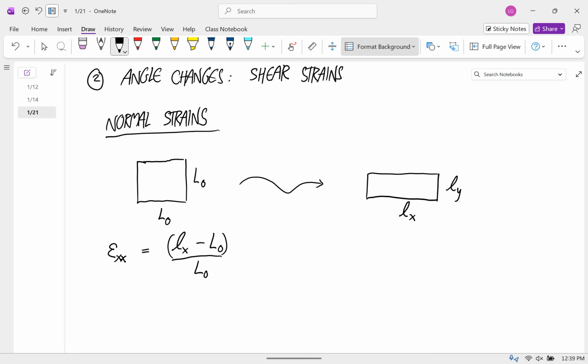If we're taking these lengths in meters, what are the units of the numerator of this fraction? Meters. What are the units of the denominator? Meters. And so they cancel, and so these are unitless.